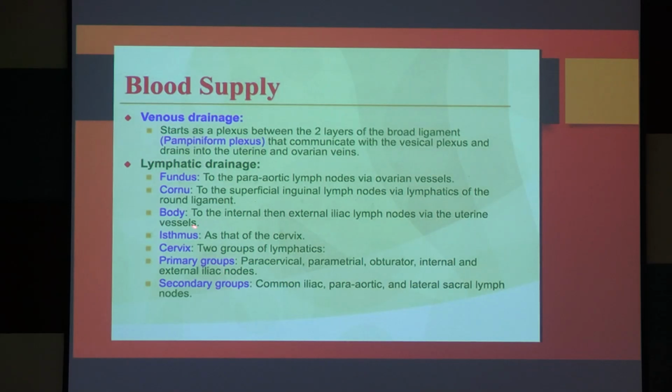But from the cervix, there are two groups of lymphatics. One is the primary group, which sometimes has to be removed to see whether lymphatic spread is there or not. That is the obturator, which is very important because the obturator lymph node is found in the obturator foramen, where there is the obturator vein.